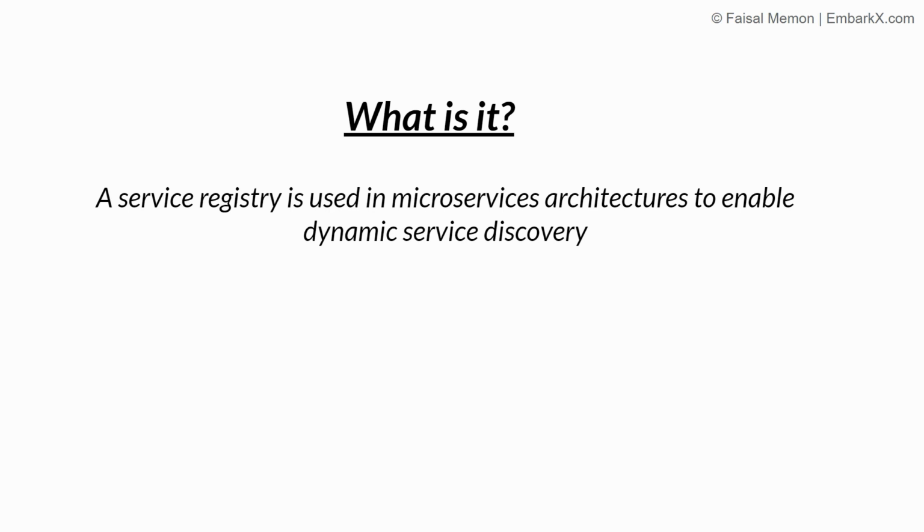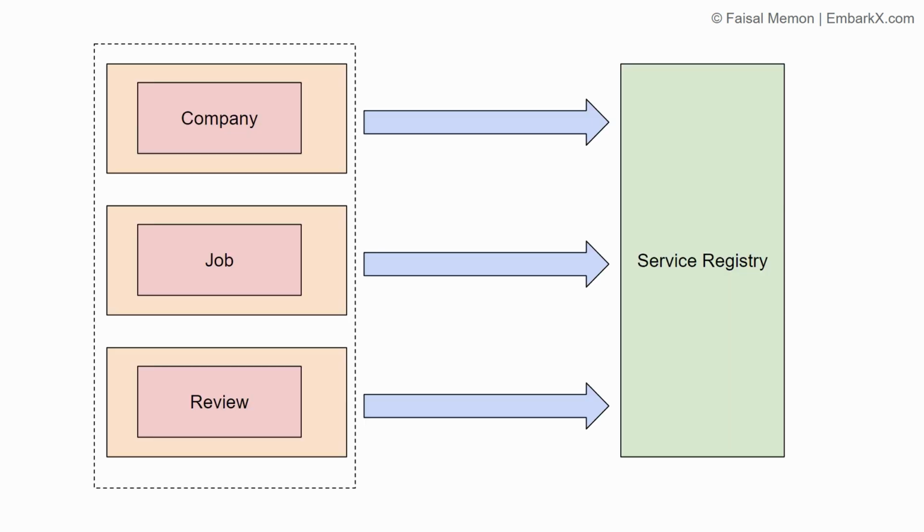In the case of a service registry, you have a service registry which looks something like this, and you have other microservices like this over here. You have company, job, and review services, for example, and you have a separate service registry. Every microservice will register itself with the service registry, and the service registry will help with service discovery.